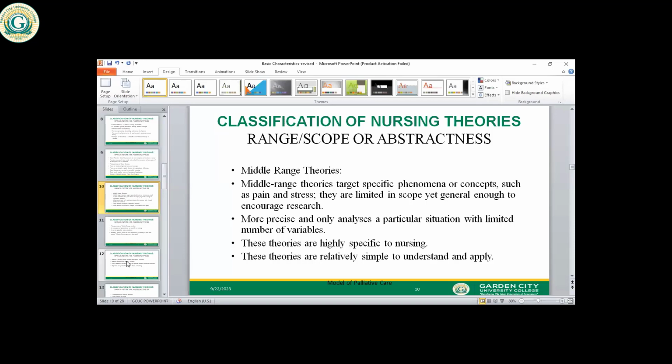But if it is just talking about the concepts, let's say the need concept or the concept of pain, then it is a middle range theory. And when it goes ahead to state that if you want to reduce patients' level of pain, which becomes our objective, we have to take these actions to achieve our goal, then it becomes a practice theory.